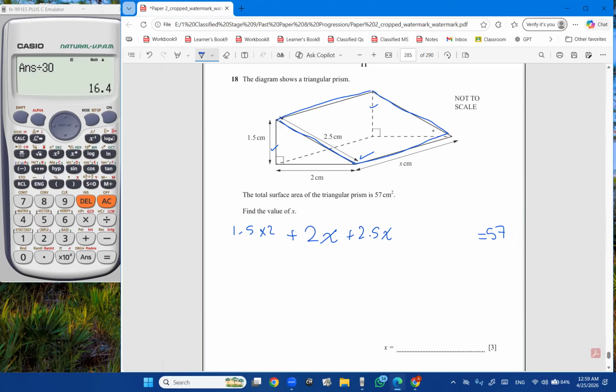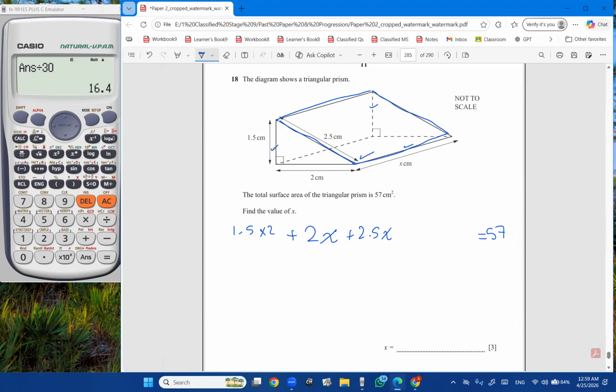And the last rectangle is on the left side. It also has x, and its length is exactly 1.5, so it is x times 1.5.